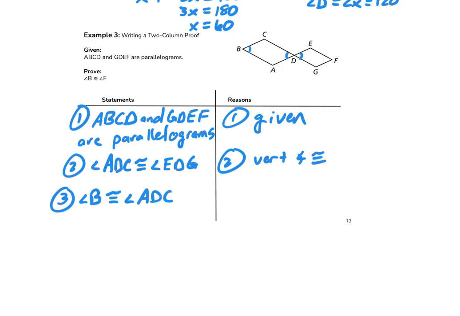So I'm going to mark it over here. What angle would be congruent to angle D? Angle F. And on this one, I don't need to use three letters because there's only one angle at B and F, right? I don't need to use three letters because there's not more than one angle there. So I can say angle F is congruent to angle EDG.